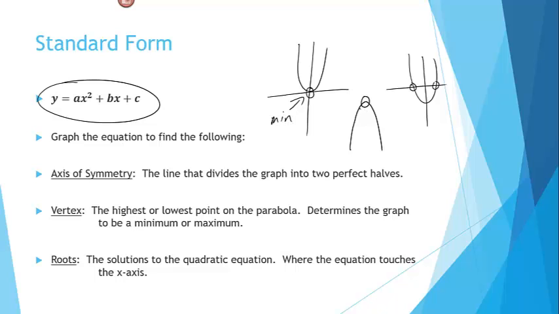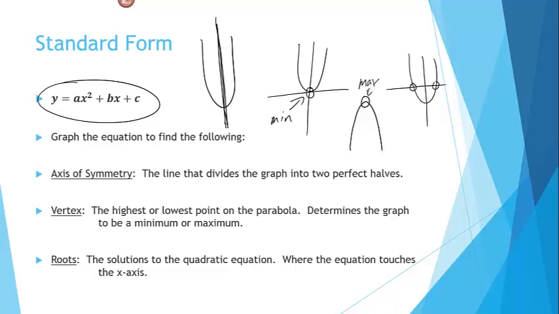And this one, it's upside down, it would be called a maximum parabola, since the highest point is on top of the parabola. And then also the axis of symmetry. That is the line that divides the graph into two perfect halves. So if we had our parabola, then this line here would be our axis of symmetry.